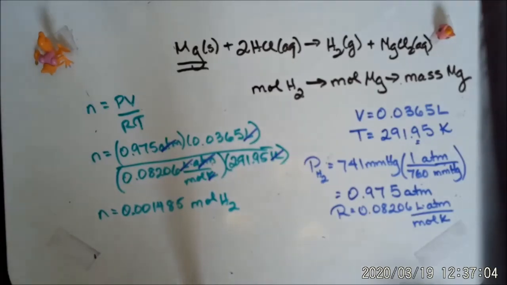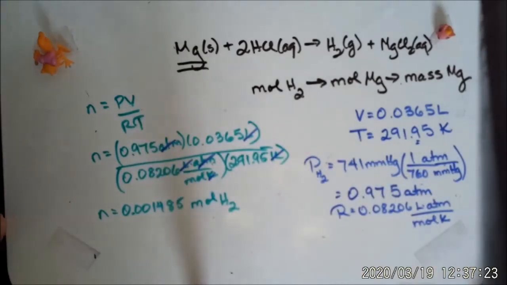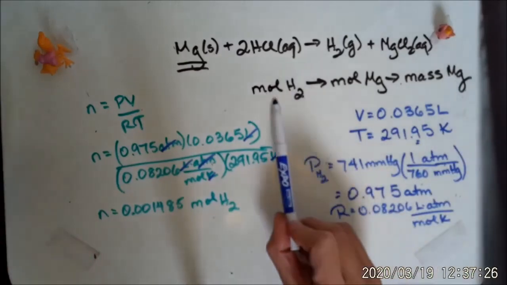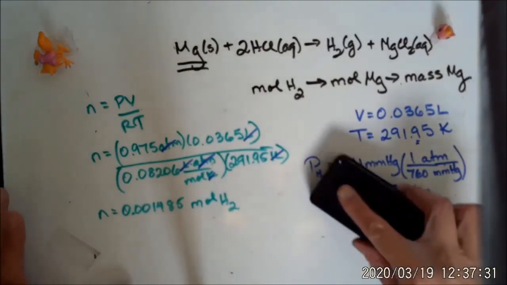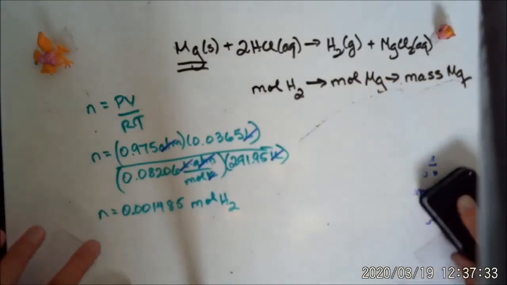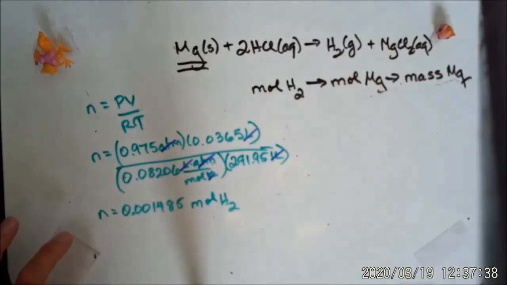Okay? So far so good. So all of the data that we collected, the outside pressure, the height, to get the inside pressure, looking at the partial pressure of water vapor, the temperature of the room, and the temperature of your reaction collection flask, volume of your gas, all that is just to get to this part. Now that we have it, we can do the rest. So, since we know the moles of gas, let's just go ahead and finish off the solution.